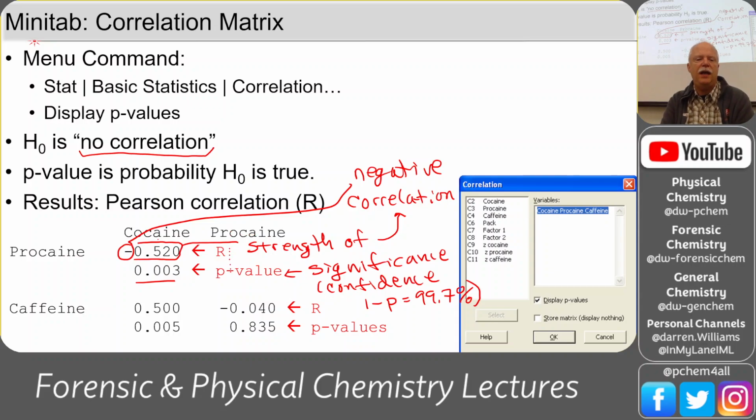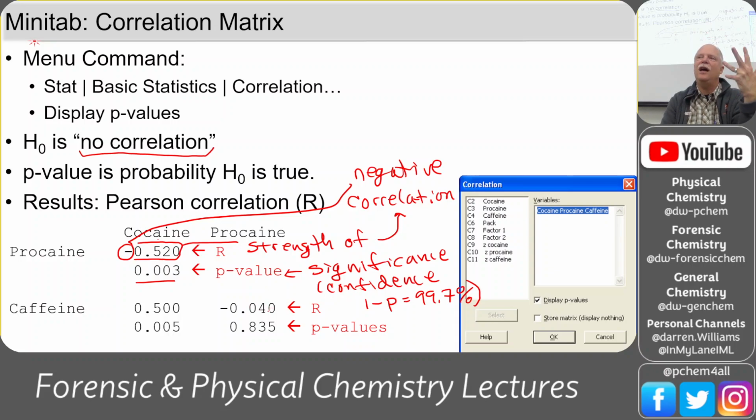Let's look at procaine and caffeine. So this number right here, we see a weak correlation, 0.04. That's a small number, so it's a weak correlation. It's negative, but is it statistically significant? No. Yeah, correct, it's not. So there's an 83.5% chance that that's zero.